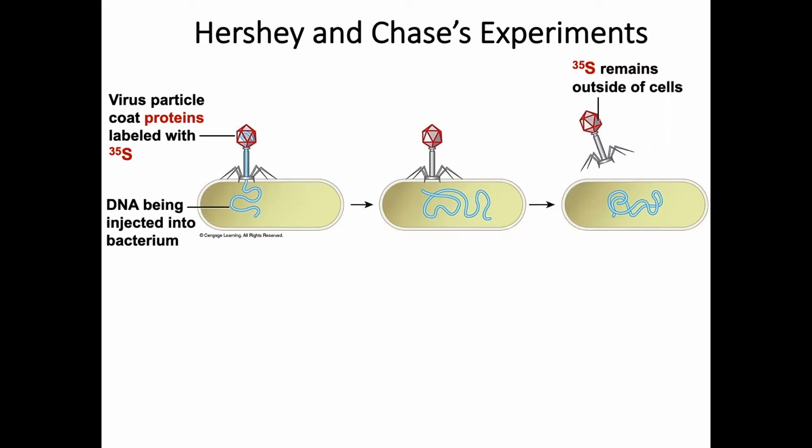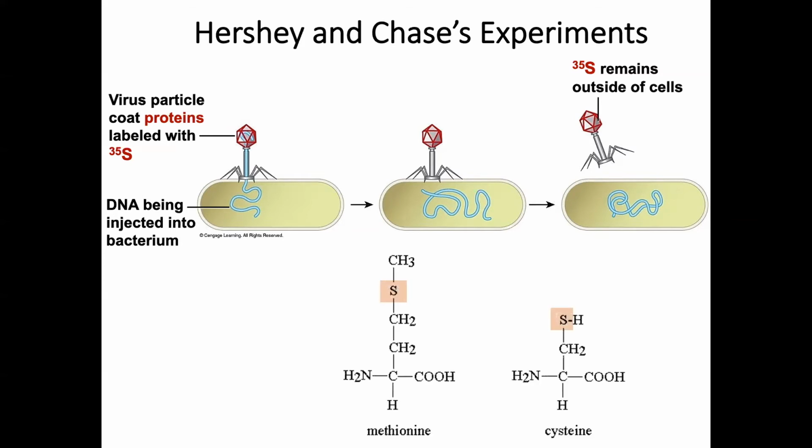Here is one experiment. They infected the bacterial cells with viral particles whose protein was labeled with radioactive sulfur, or S35. Now you probably already know why protein can be labeled with S35, right? Because you learned about chemistry. We know proteins are composed of amino acids. Amino acids have the same backbone structure, but their side chains are different.